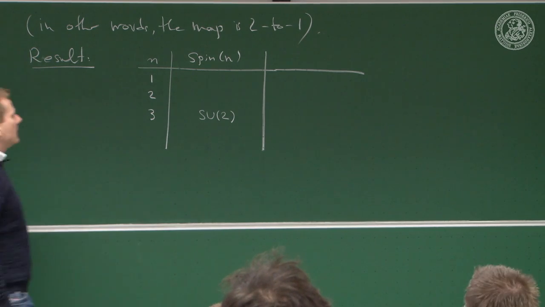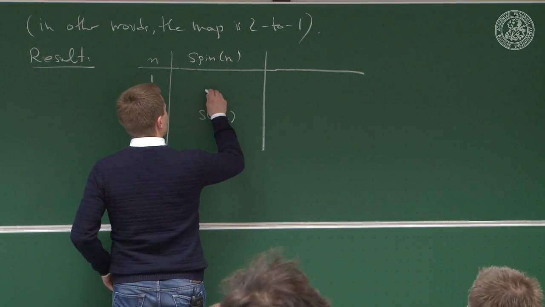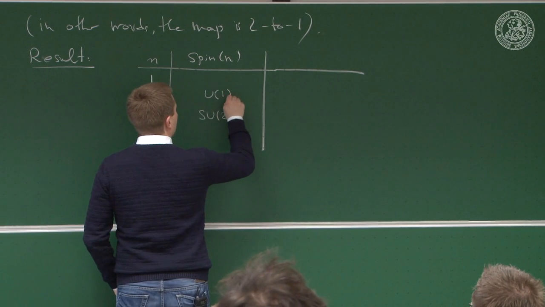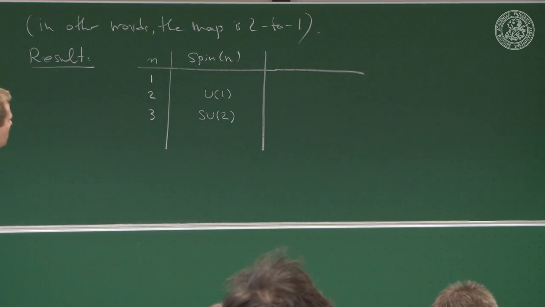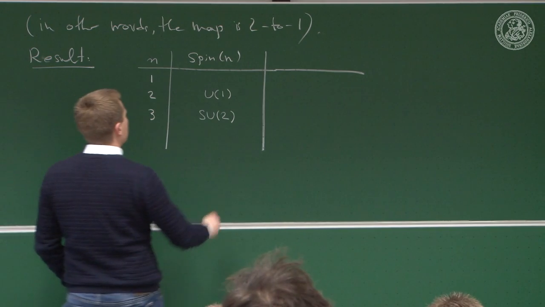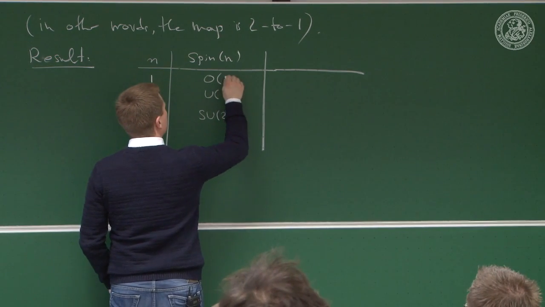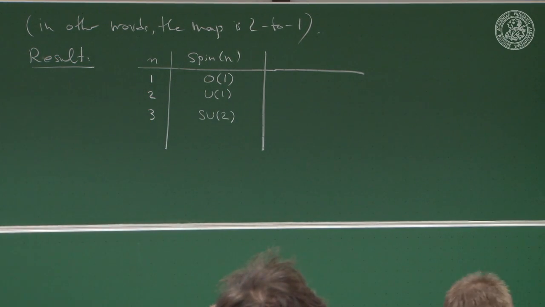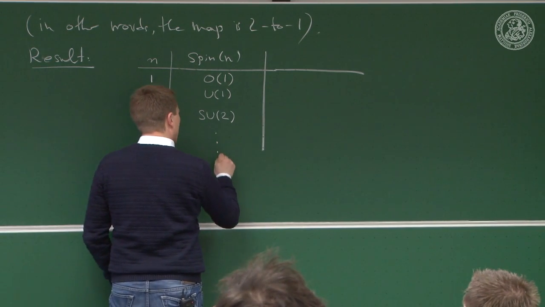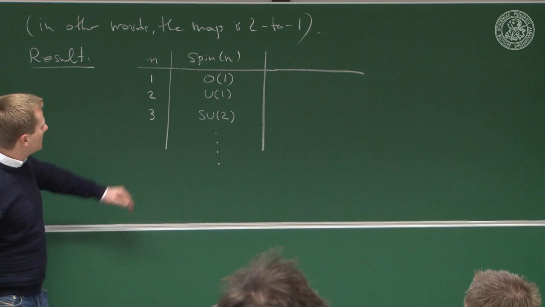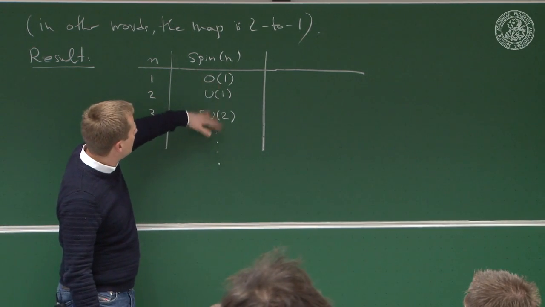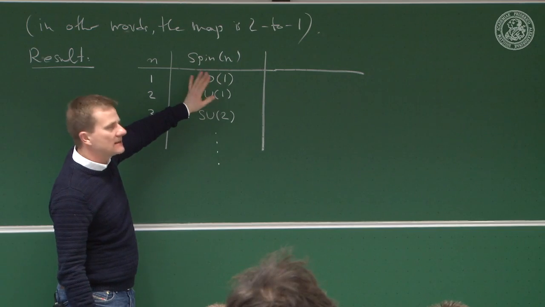Okay. In 2 dimensions, it's U1, I think. And in 1 dimension, it's O1. Okay? And that goes on. Now, if I say that goes on, one calls these coincidental isomorphisms.